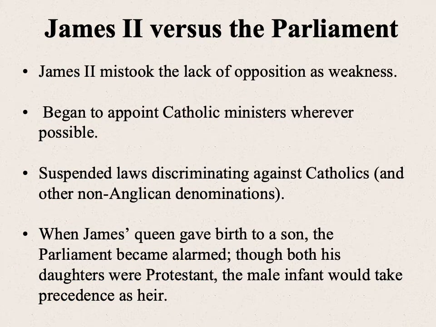Having said that, the Parliament gives him the benefit of the doubt, but unfortunately, James II, not being the brightest bulb in England at the time, mistakes the lack of opposition as weakness, right? Kind of believing that the fact that the Parliament isn't actively opposing him means that they're weak and really can't challenge him, and almost immediately is going to pursue policies that are going to raise a lot of eyebrows. So, for instance, he's going to begin to appoint Catholic ministers wherever possible. Now, up until this point, it had pretty much been forbidden for Catholics to serve in government, right?